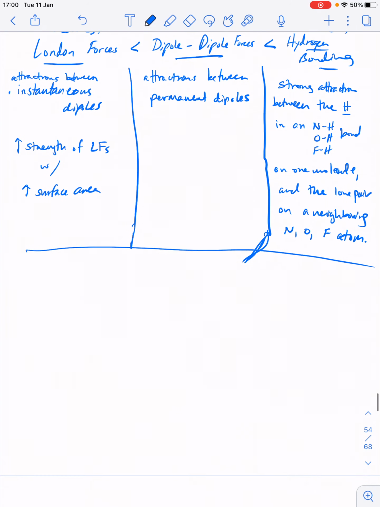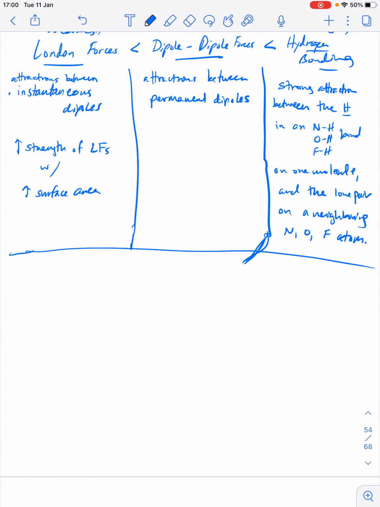So the next thing is that you should be able to look at molecules and try to identify the types of attractions that they would have. So if we were going to compare these three molecules, like if this was a paper 2 question, and they gave you these three molecules and they said, compare their boiling points and explain the differences, something like that.